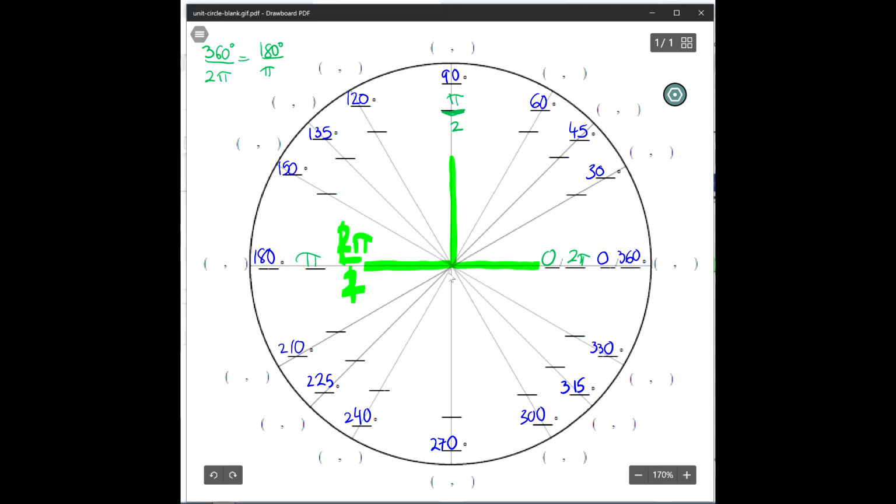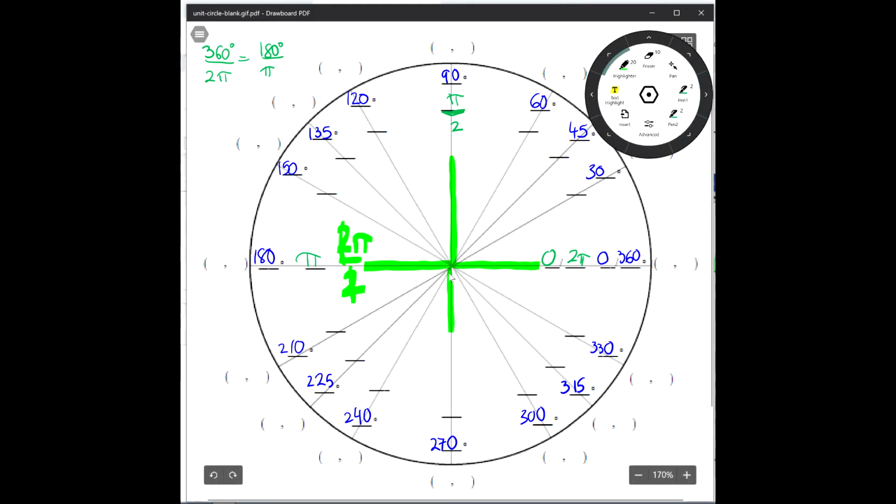That's why instead of 2 pi over 2, we see pi. And then next, if I keep counting by pi over 2, I have 3 pi over 2 here. And now we can write 3 pi over 2, and I cannot reduce it anymore. So that will be the simplest form I have for this one right here.